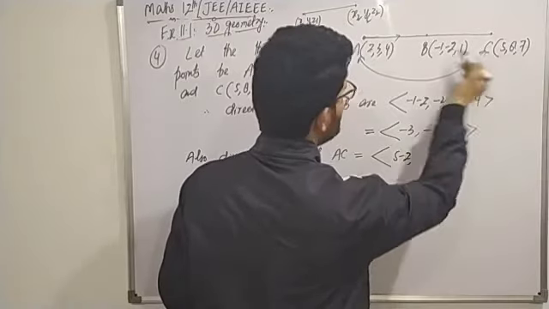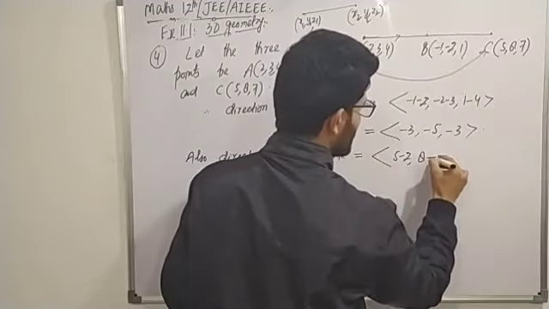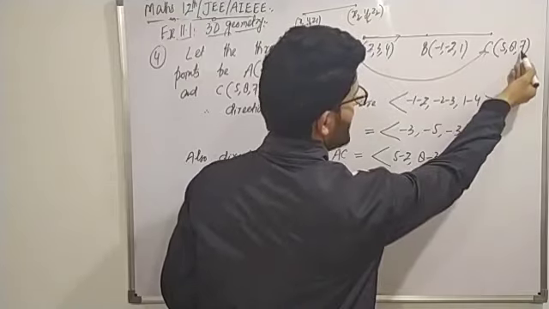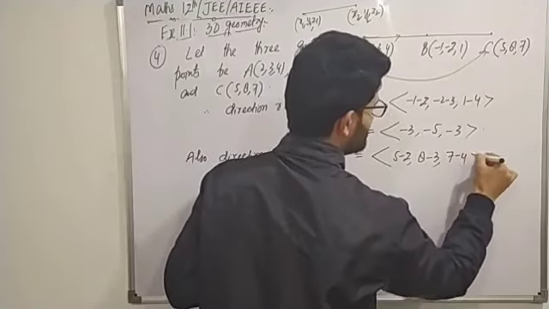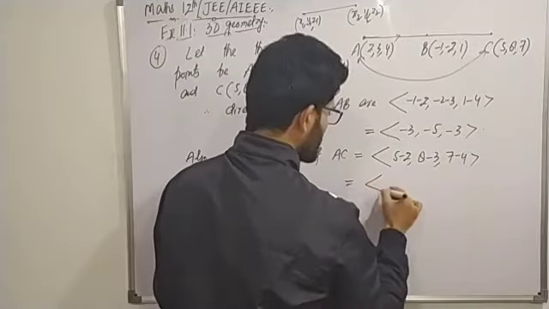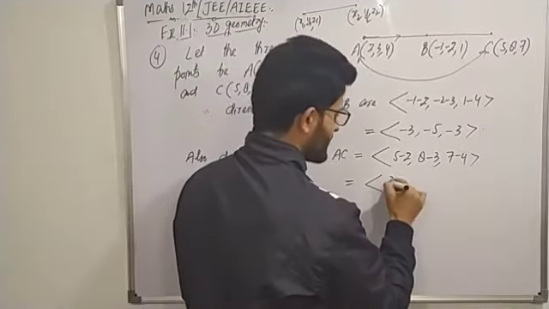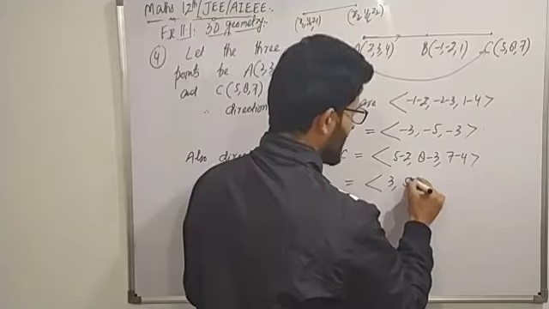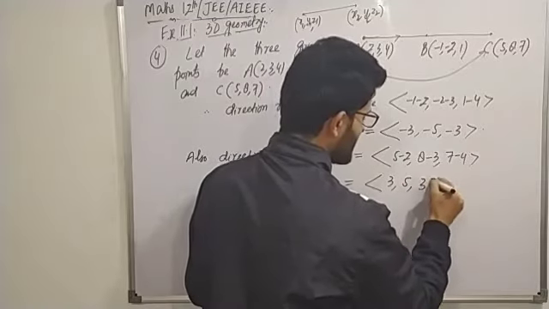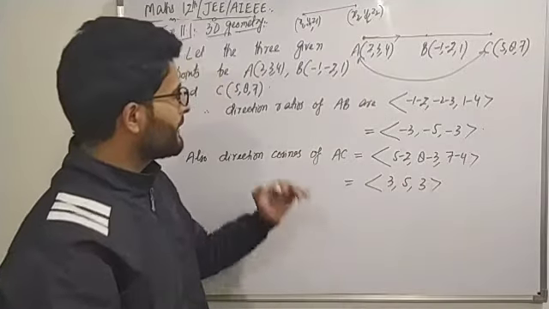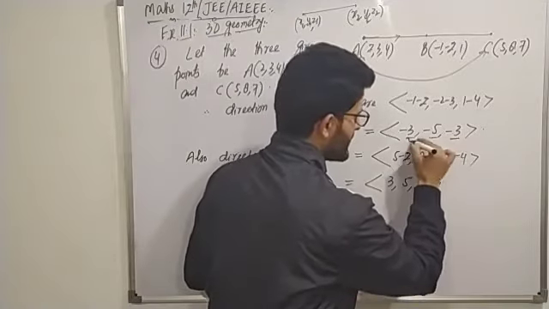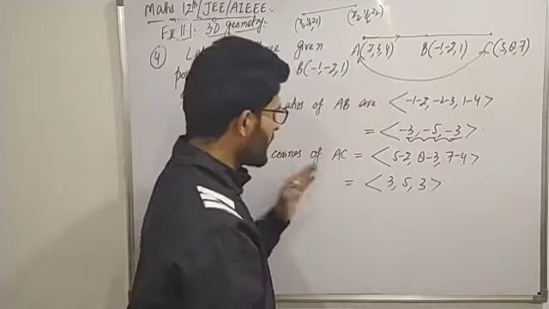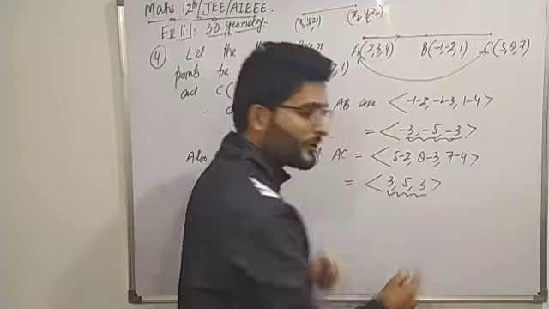Yes. y2 minus y1, that's 8 - 3. Yes. z2 minus z1, and that's 7 - 4. And that's equal to the ordered three tuple of 5 - 2 is 3, 8 - 3 is 5, 7 - 4 is again 3. तो AB के डायरेक्शन रेशियो हैं -3, -5, -3. ये हैं AB के डायरेक्शन रेशियोज, और AC के डायरेक्शन रेशियोज हैं 3, 5, 3.